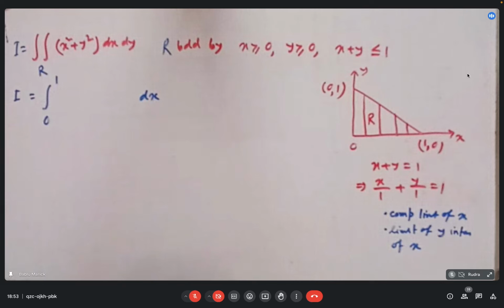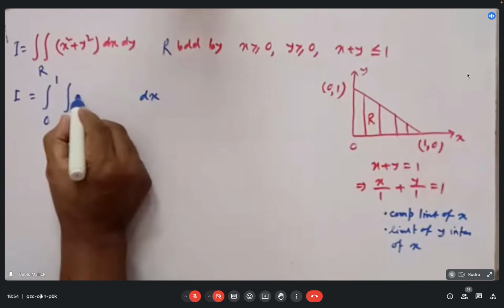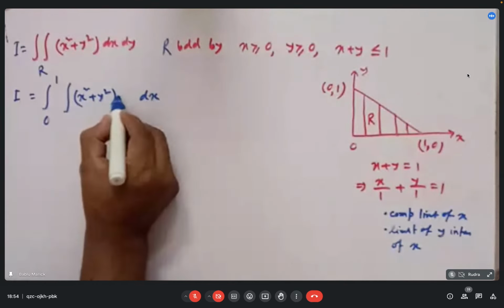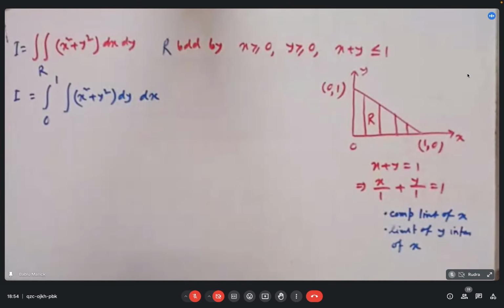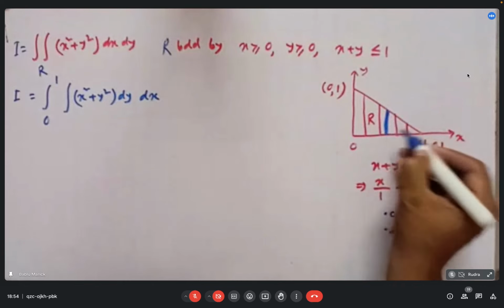And then we shall find the limit of y in terms of x. So the integral of x square plus y square dy. What will be the limit of y? We shall always draw a strip here.